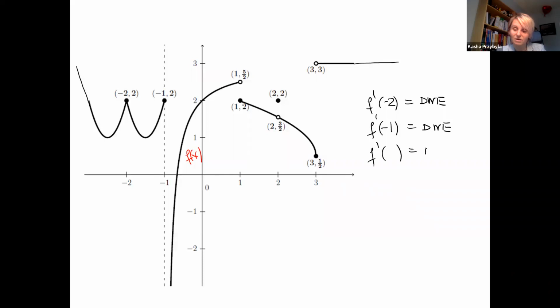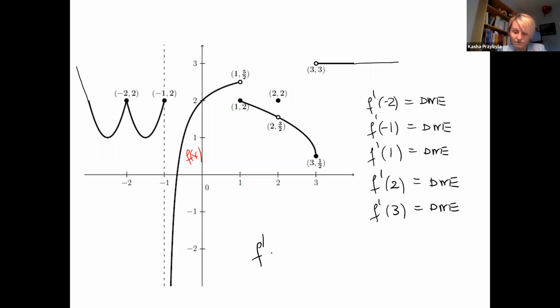The derivative is undefined. Okay, another one. 1, really good. And then do we have one more? 1 and 2. And do we have another one? The derivative is undefined at 3. Okay. And for example, we might ask you this.